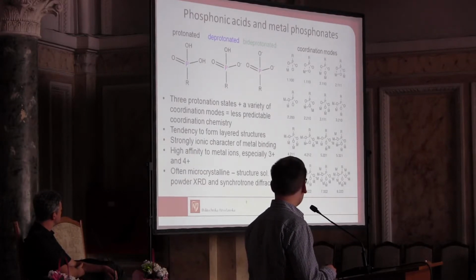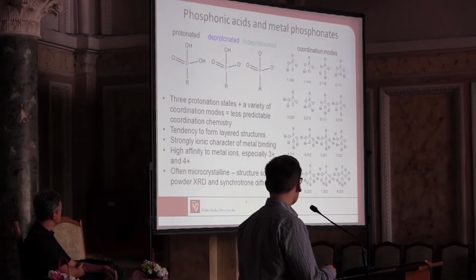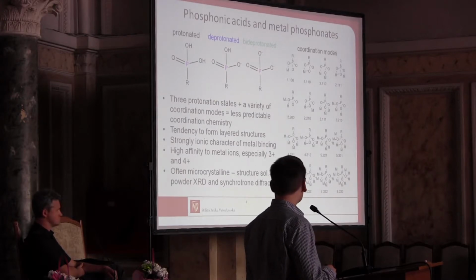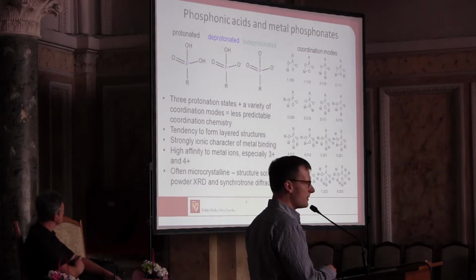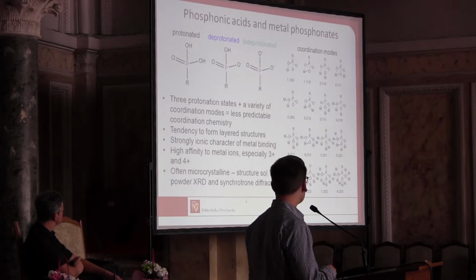Phosphonic acids also show high affinity to metal ions, especially tri- or tetravalent ones, and because of the high binding constants, the formation of materials occurs very fast, so the materials are quite often microcrystalline, and the structure is usually solved from powder X-ray diffraction or synchrotron diffraction.